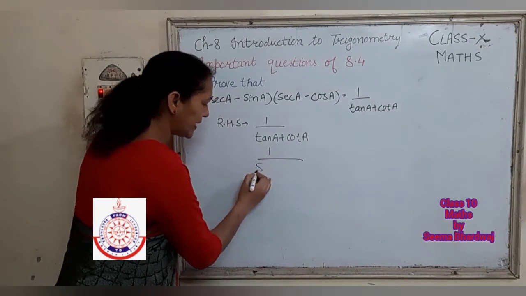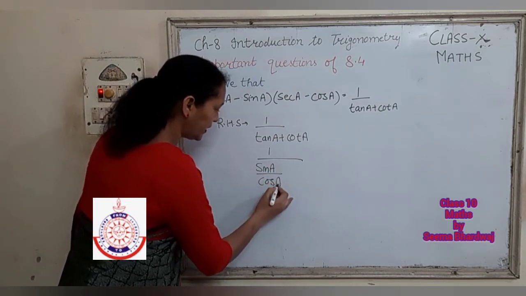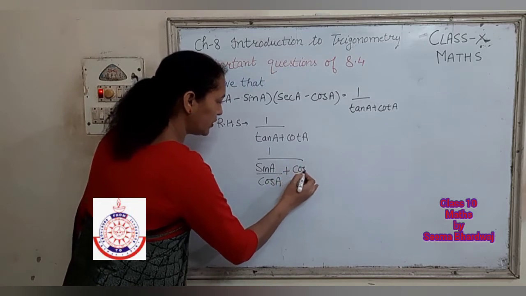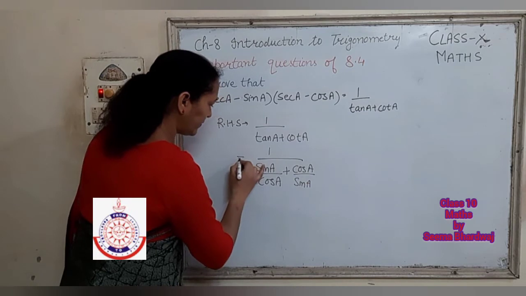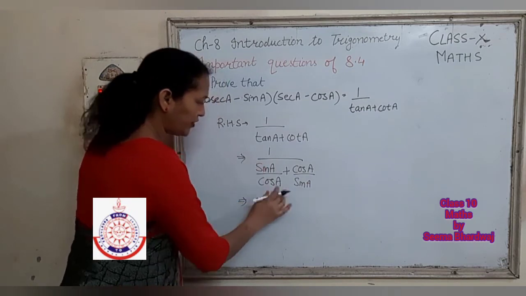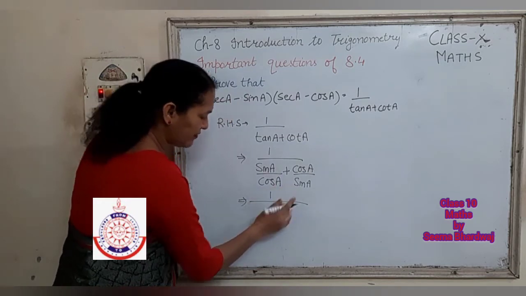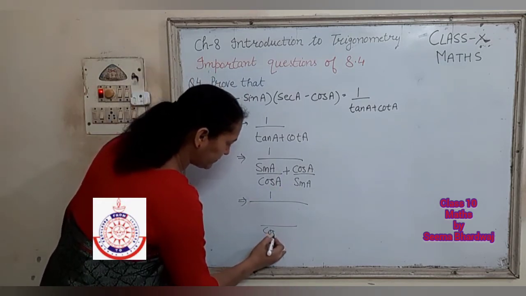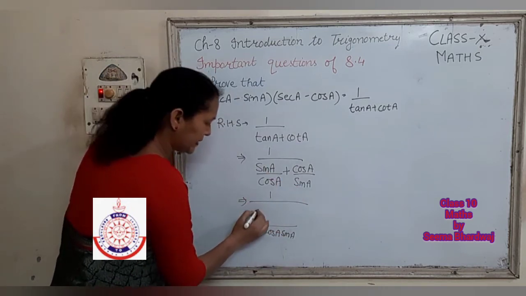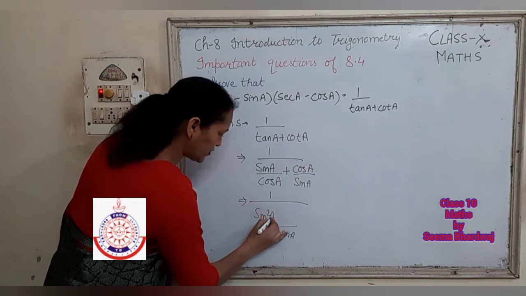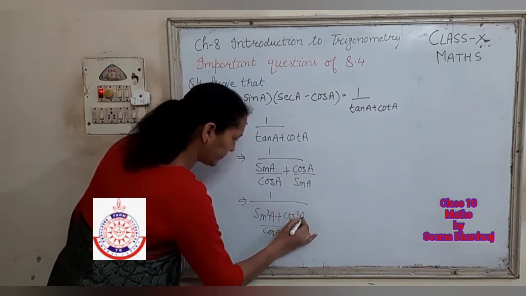Tangent means sine upon cos, and cot means cos upon sine. Now we take LCM here. 1 upon, in LCM we will be having cos A into sin A. Sin A will come here, we will be having sin square A plus cos square A.